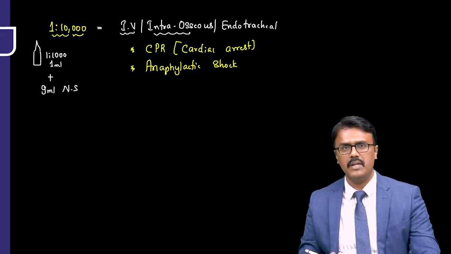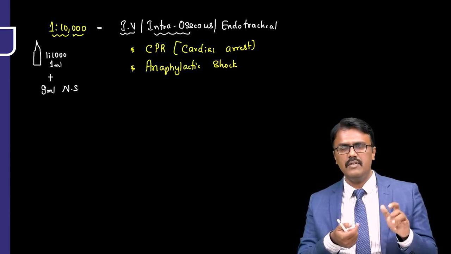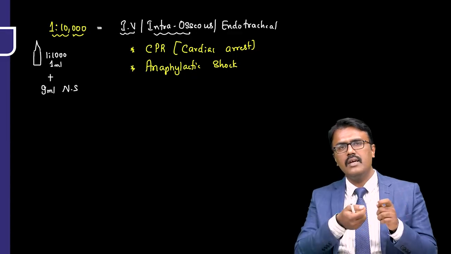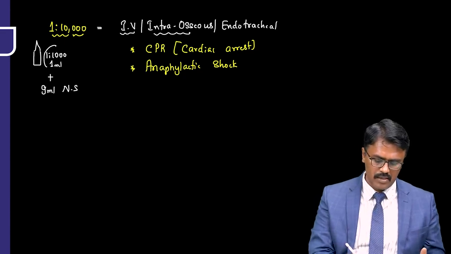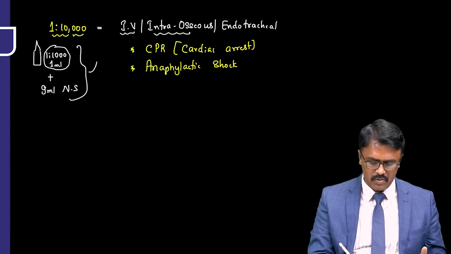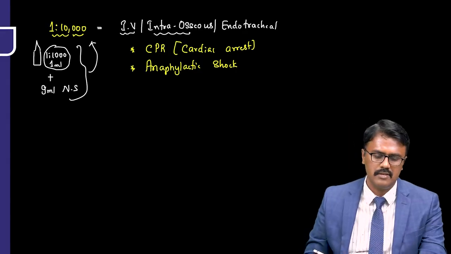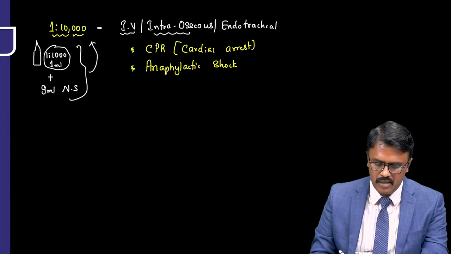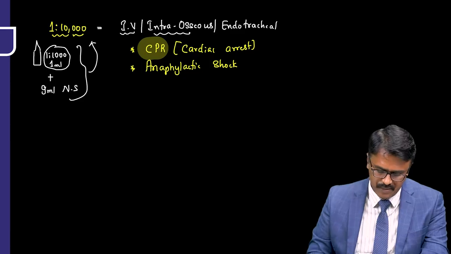In practice, we take a 10 ml syringe, draw 9 ml of normal saline, and with that we add 1 ml of this 1 in 1,000 adrenaline. Then this will give rise to 1 in 10,000 dilution. Right? This is how we make it. So the major use of 1 in 10,000 is in cardiac arrest and in anaphylactic shock.